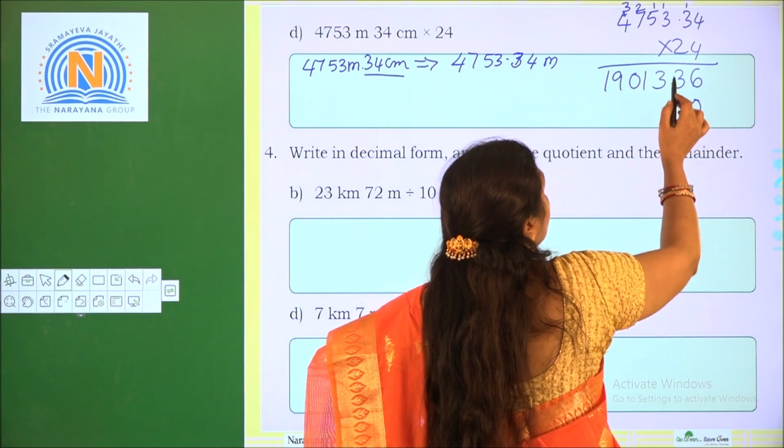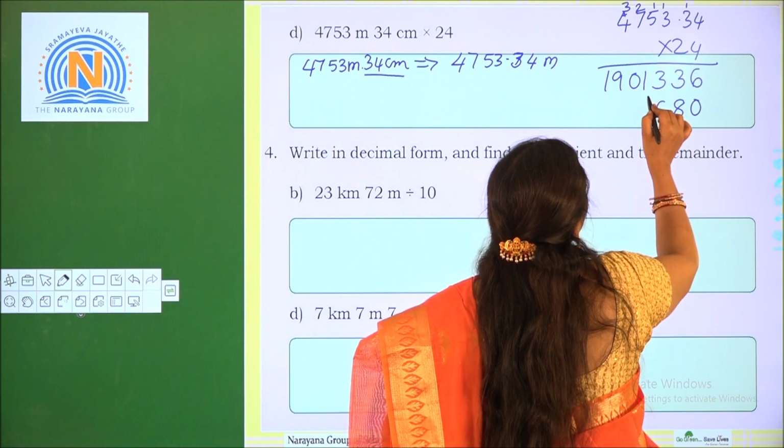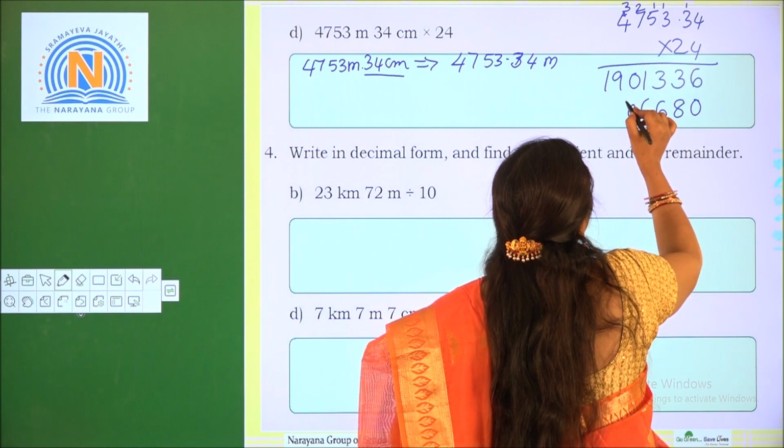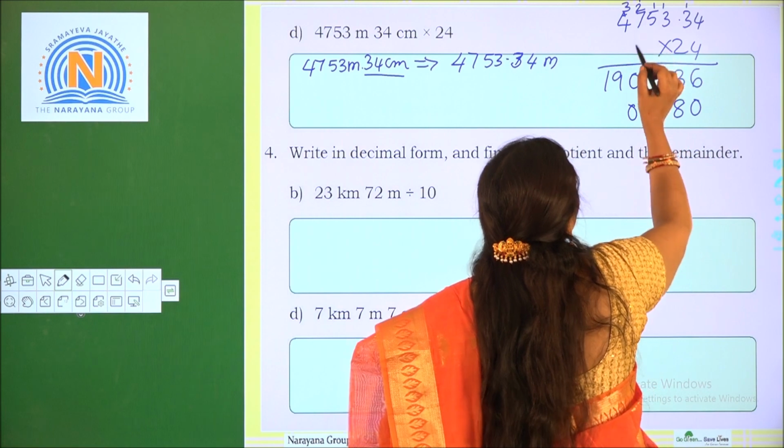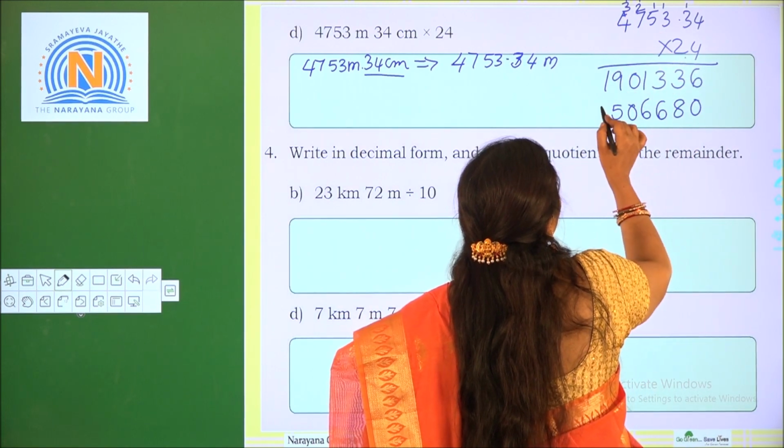Now ones place should be 0. 2 4s are 8, 2 3s are 6, again 2 3s are 6, 2 5s are 10, 1 regroup it. 2 7s are 14 plus 1, 15, 1. 2 4s are 8 plus 1, 9.